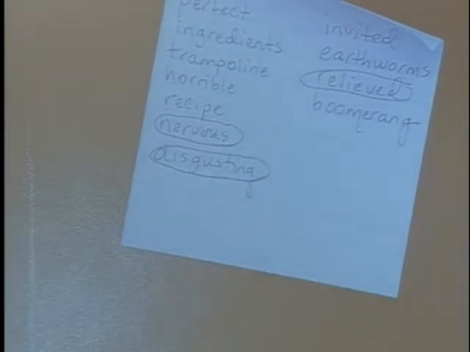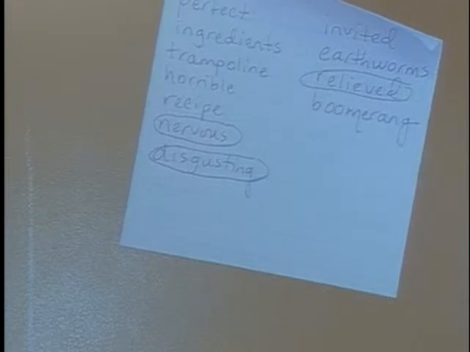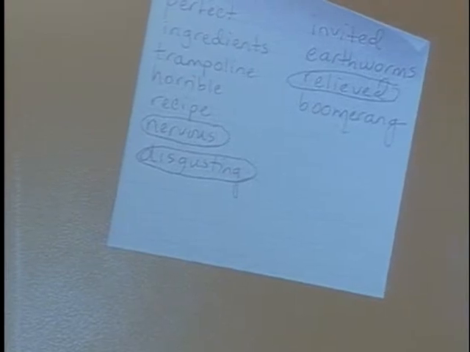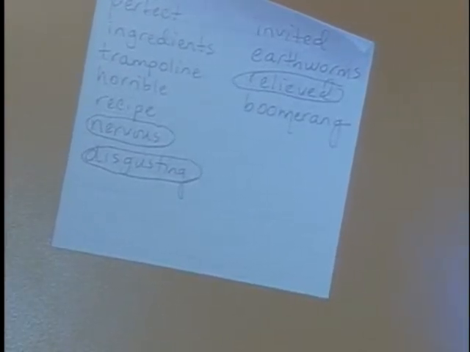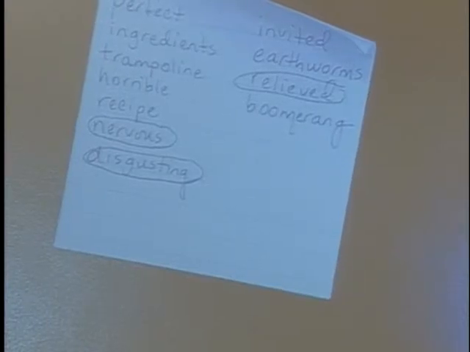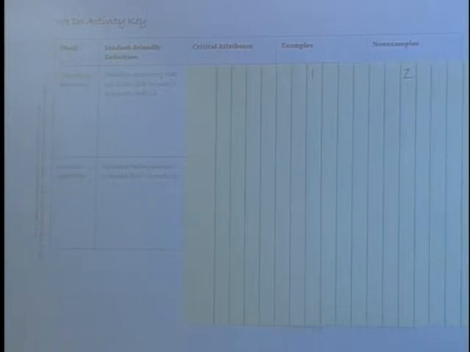So before we develop examples and non-examples, let's review the student-friendly definitions that we created earlier, which are listed on your We Do activity handout. Could you please get your We Do activity handout for me, please? All right.